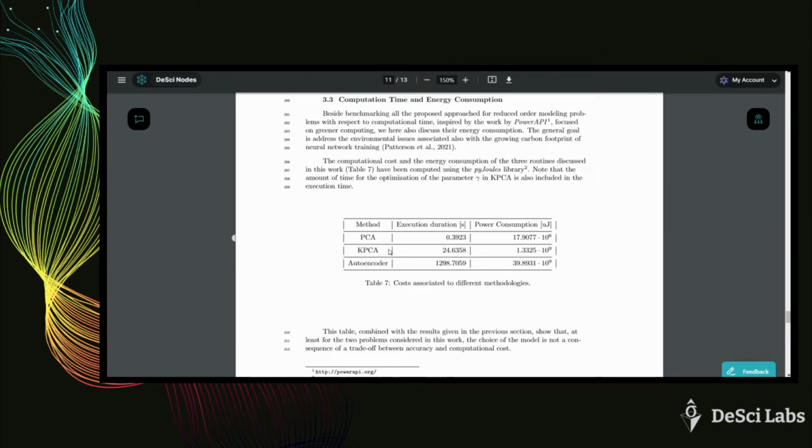If I exclude the optimization for gamma, of course, KPCA is around 1 second. And for power consumption, you can see that the autoencoder is 40 times higher than KPCA. So we may try to get better results with machine learning, and even in this case we cannot compete, but we are wasting so much energy on it. So that would be a good question: is it worth it or not?